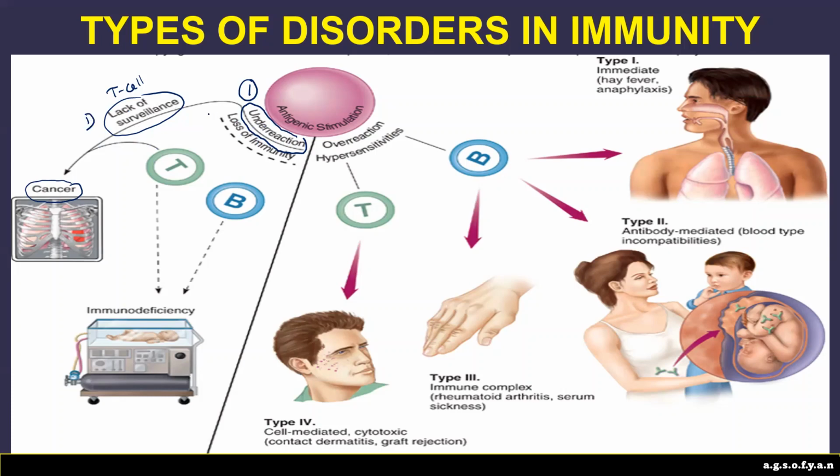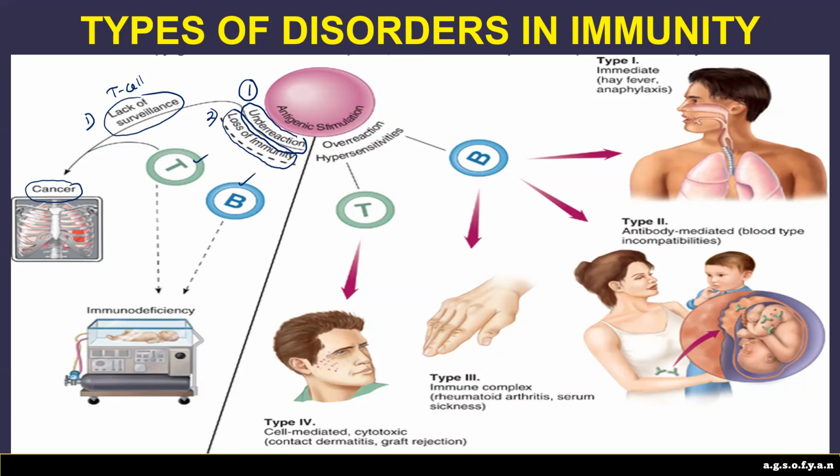The second type of underreaction: there are some people that do not have immunity. So they lost their immunity. Maybe they lost all of them, the T cells and the B cells, so they do not have T cells and B cells, or maybe just part of their immune system.